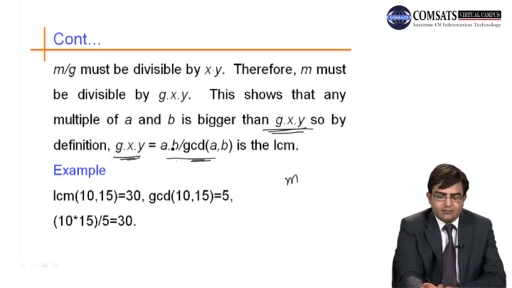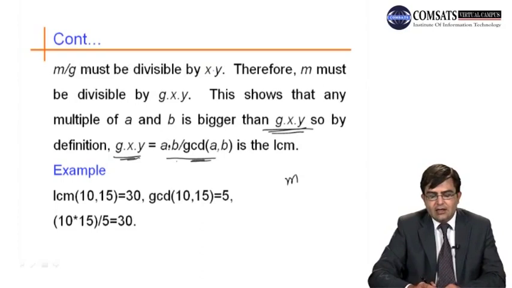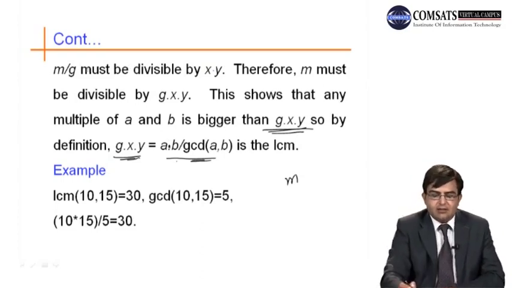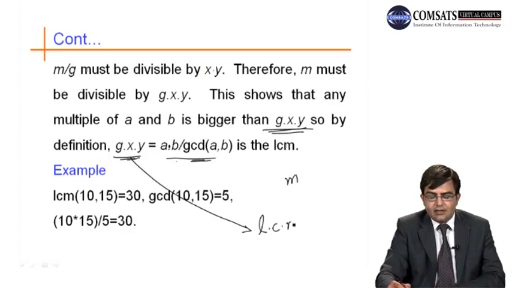Basically here we have multiplication, not dot. So LCM of A, B is equal to A into B divided by GCD of A, B.